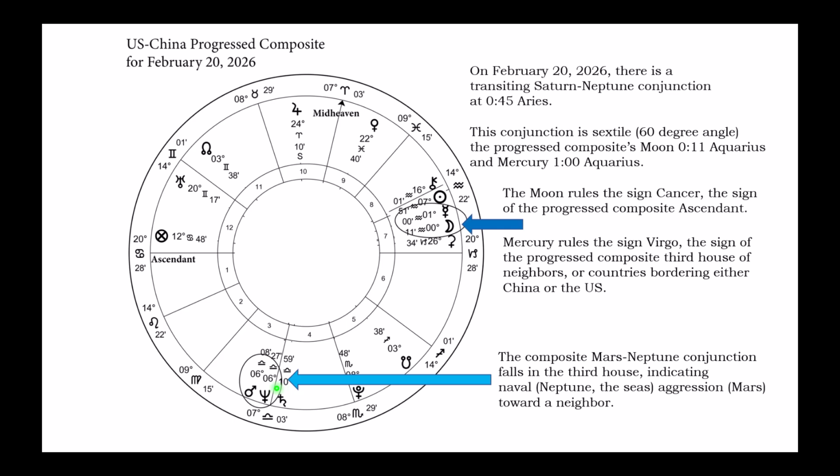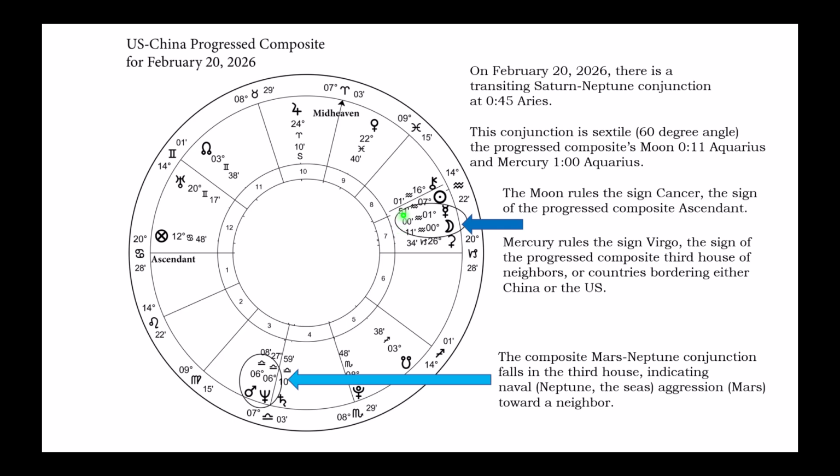As Mars with Neptune can mean aggression on the high seas, this progressed composite has some worrying indications. Note that Mars and Neptune are in the third house of neighbors, and the transiting Saturn-Neptune conjunction will be sextile the progressed composite Moon at 0 degrees 11 minutes Aquarius and Mercury 1 degree Aquarius.